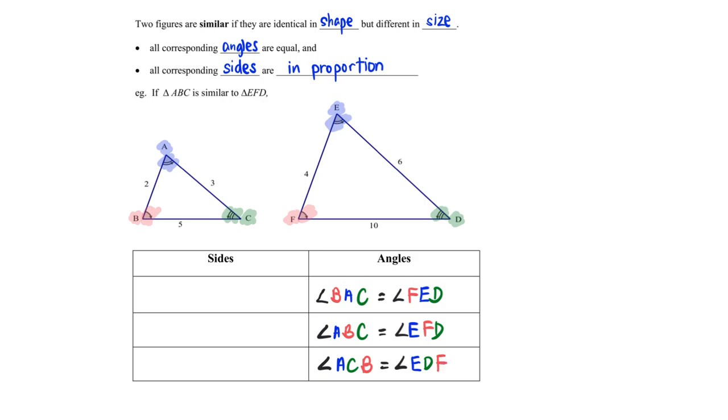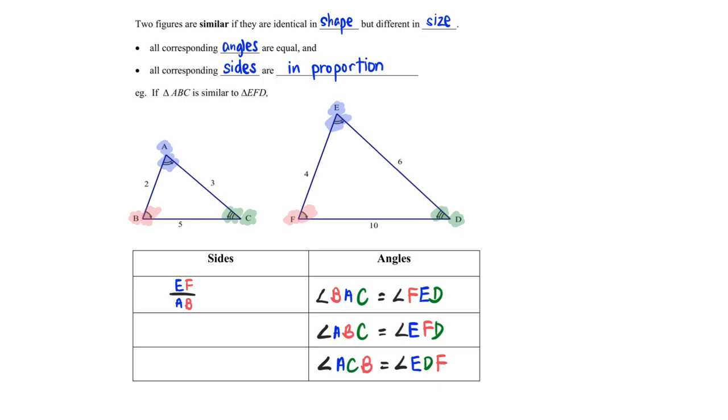Let's go over to the sides. Alright, so in this case, when we say that they are in proportion, it means that when I divide the corresponding sides, they must be of the same rate, increasing by the same factor. Meaning, if I have my EF dividing by my AB, notice how Mr. Tan writes the sides.